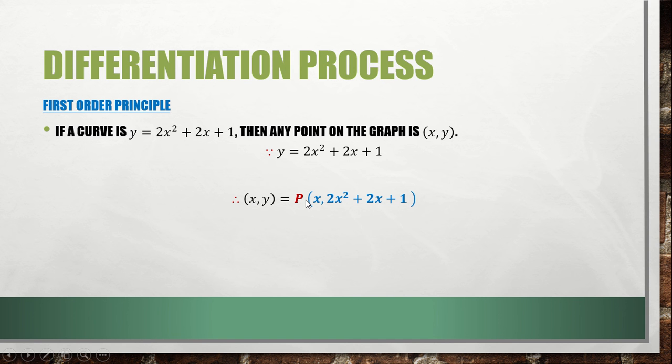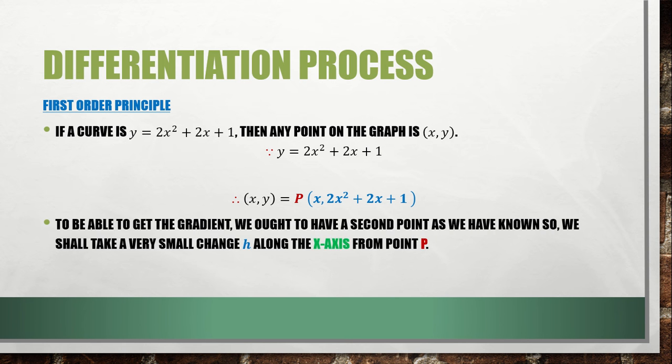Now the next, notice when we were reviewing getting gradients, we said there's a small change between the points, between y and x. But now because we are heavily working with the independent variable, we shall pick a very small change in terms of x. So that's what we have here. To be able to get the gradient, we ought to have a second point, as we have known.